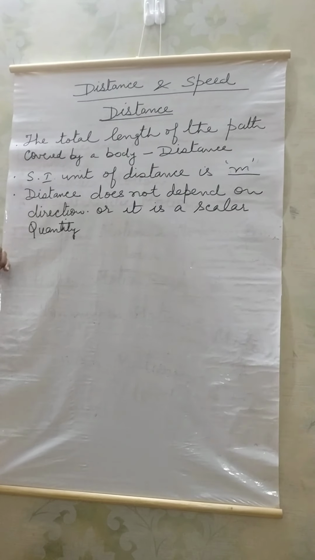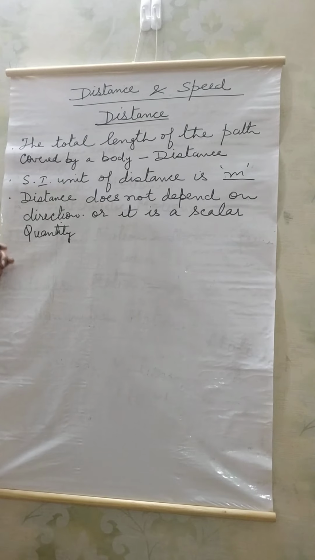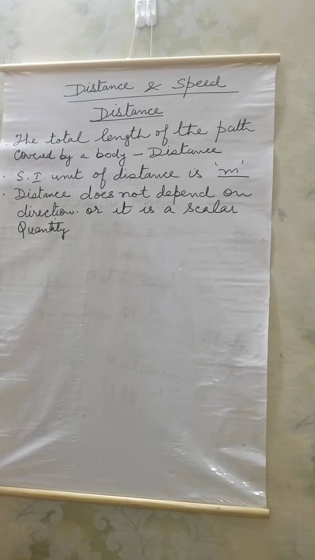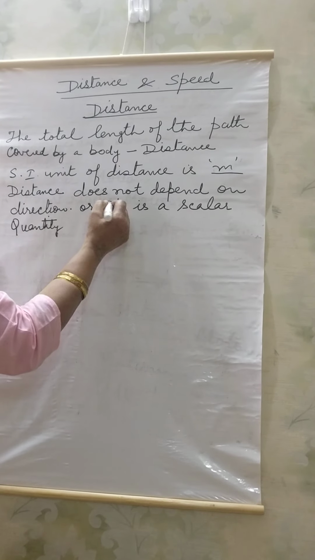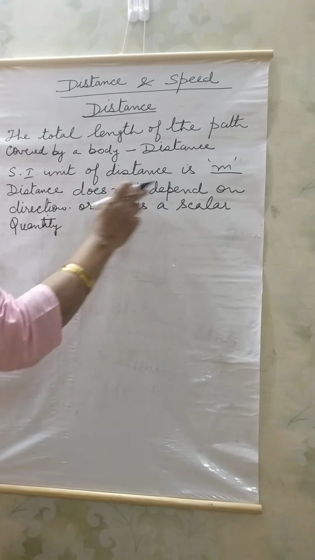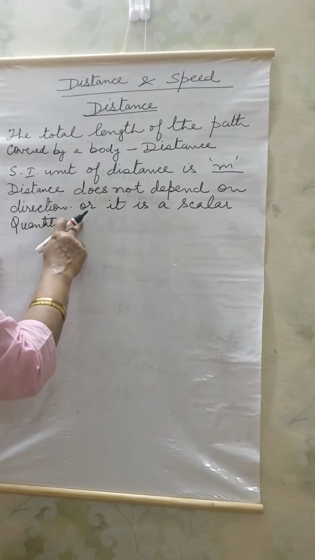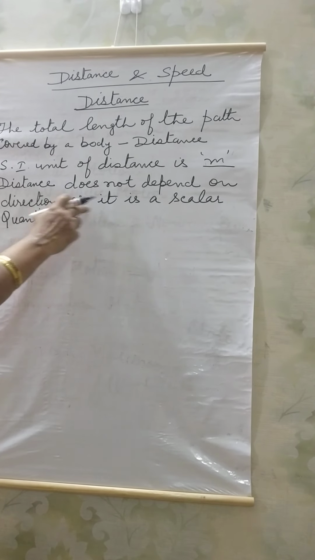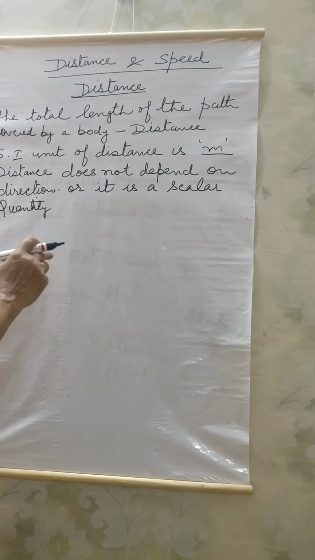Scalar quantity is a quantity which is measured only in magnitude and it doesn't have the direction. So we say distance is independent of the direction, or it is a scalar quantity.